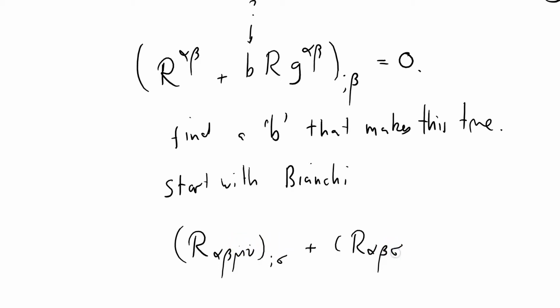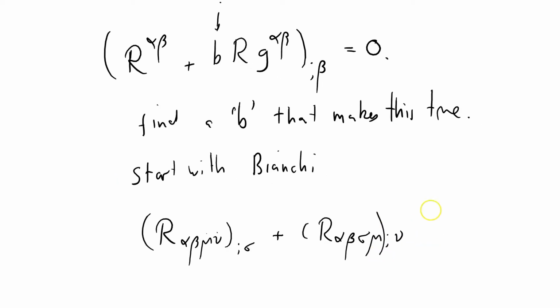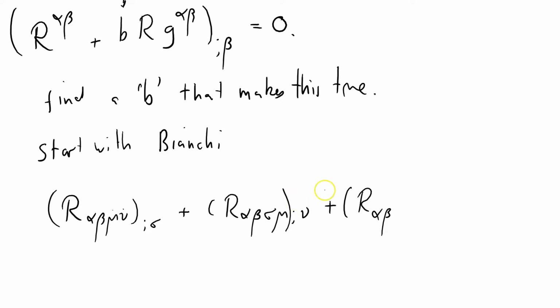So we've got sigma, mu, semicolon nu. Bracket, you don't need brackets, but I'll put them in anyway. Plus R alpha beta stay the same, and they go one step to the right again. So nu comes and joins there. What's next? Sigma, semicolon, what's left? Mu. Equals 0. And they're the Bianchi identities.